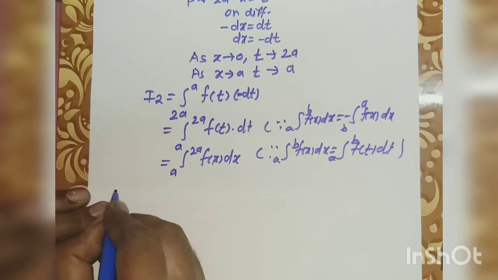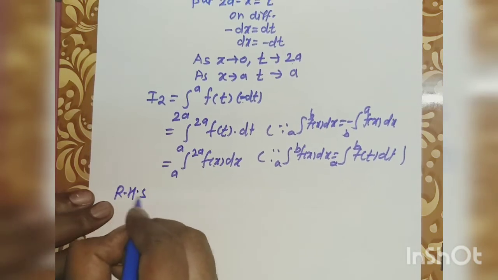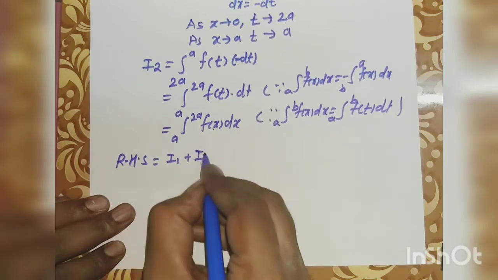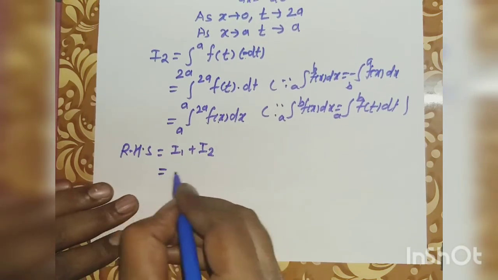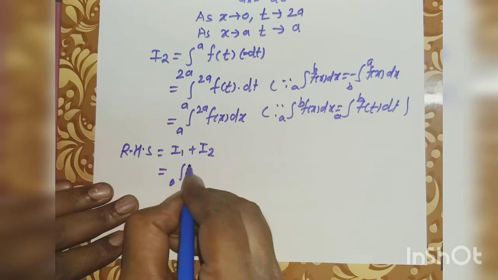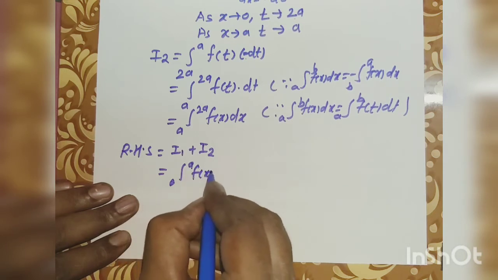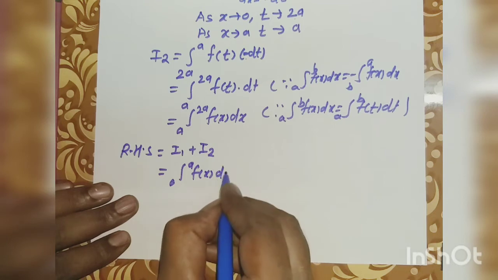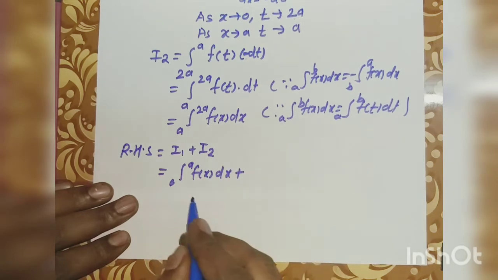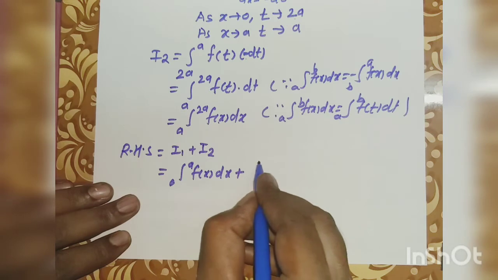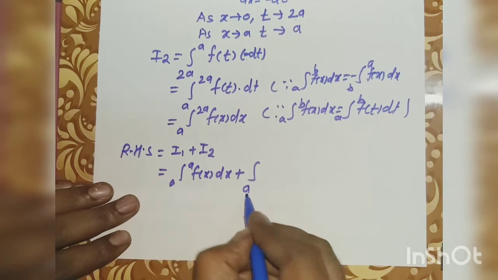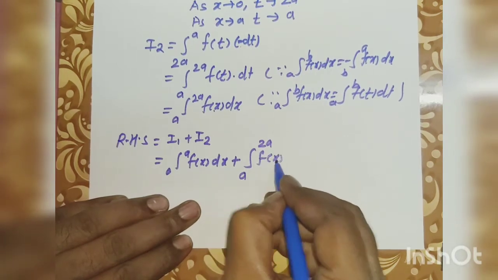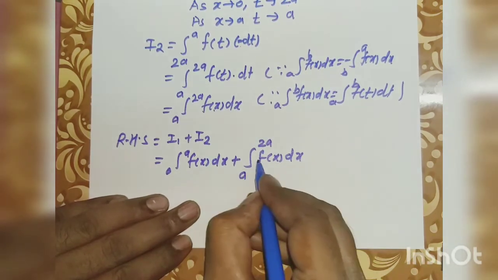Now write RHS. RHS is equal to I1 plus I2. I1 is the same, that is 0 to a of f(x) dx, plus I2, which is a to 2a of f(x) dx.